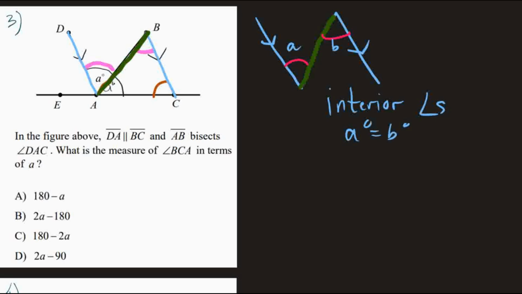Now it means this is also A. So now how to count the angle DAC? The sum of angles in a triangle is equal to 180. So A plus angle C is 180, so to count this angle is 180 minus A plus A, which is 2A. So this will be 180 minus 2A.